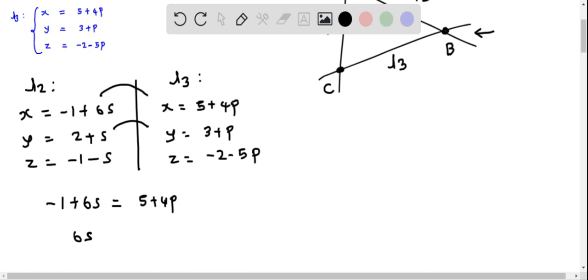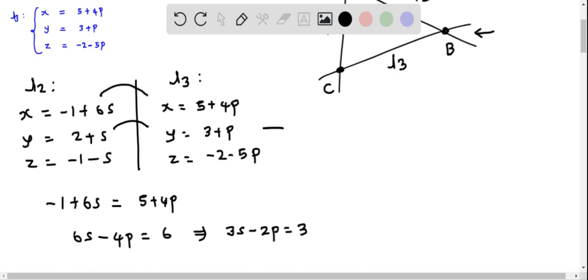So therefore this is 6s minus 4p, and this equals, we can add 1 to both sides, so this becomes 5 plus 1 is 6. I'm going to write down this in simplified form by dividing all the terms by 2. When I do that, I get 3s minus 2p, and this equals 3. So let's have this equation.